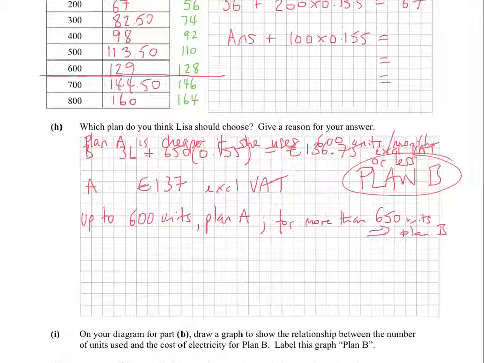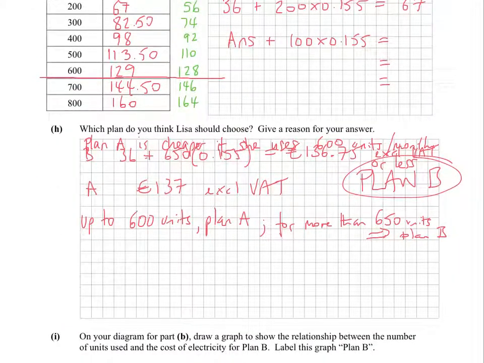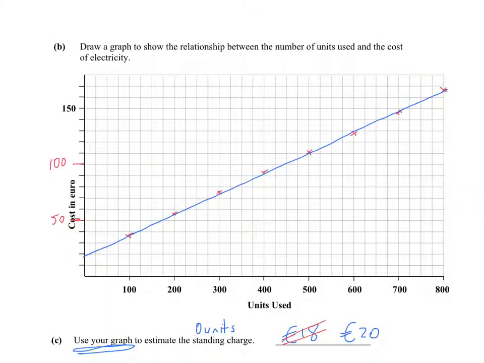So in part I, we're asked, on the diagram, to plot in, as well as plan A, plan B. So on the previous page, we've got the graph and we can plot our points. And then draw a line. Now, I said beforehand this is not particularly accurate using the instruments I'm using here, but we're getting a break-even point at some point after 600.